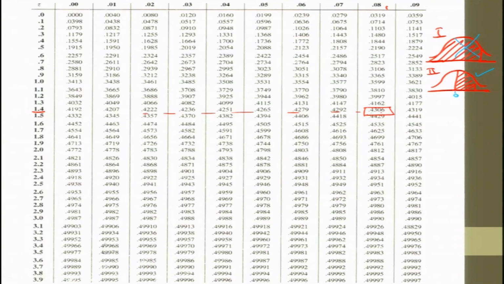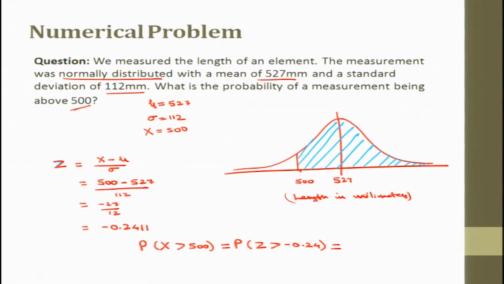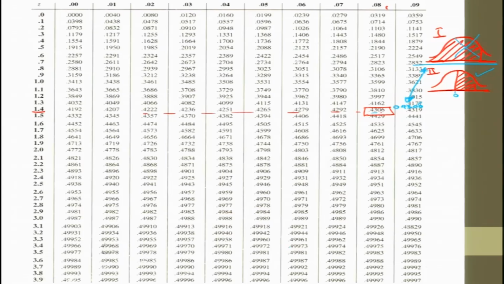Okay, it was 0.9306. Had it been this table, okay, this curve here. So, it is case 2 here. So, we need the value of minus 0.24.